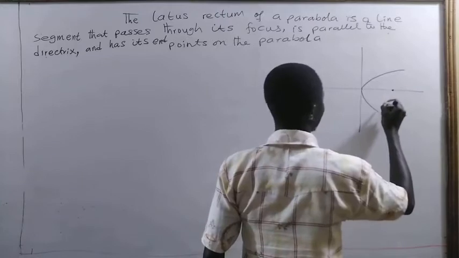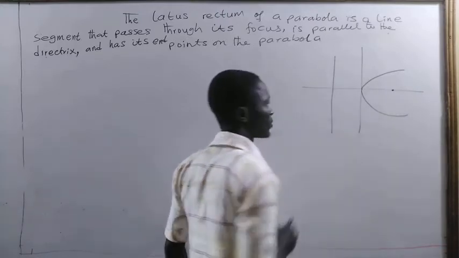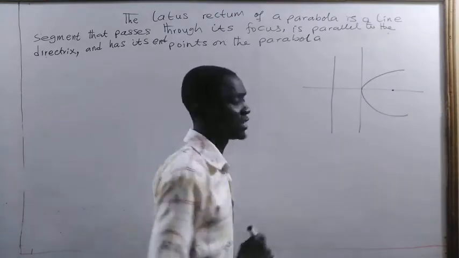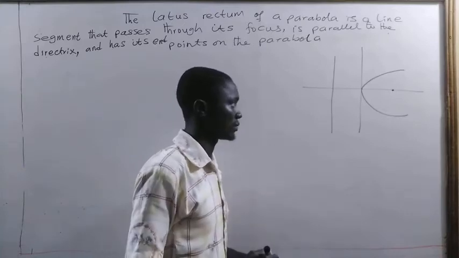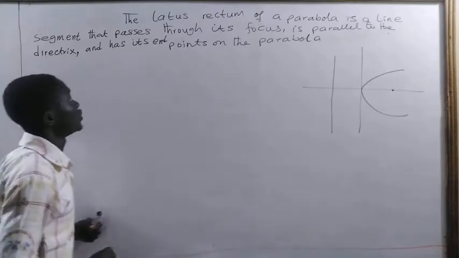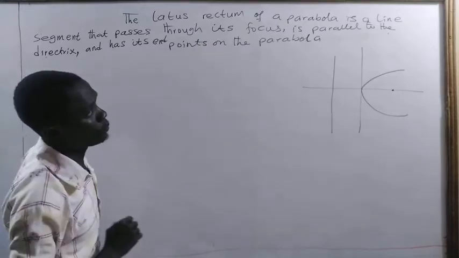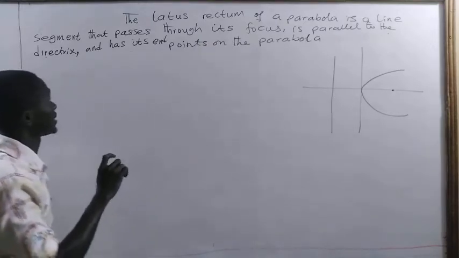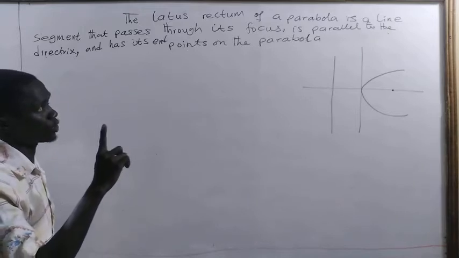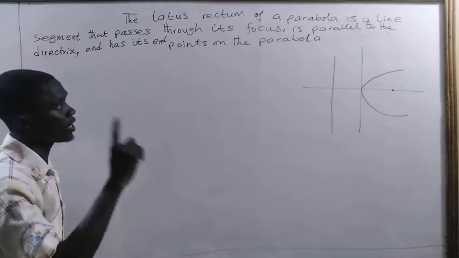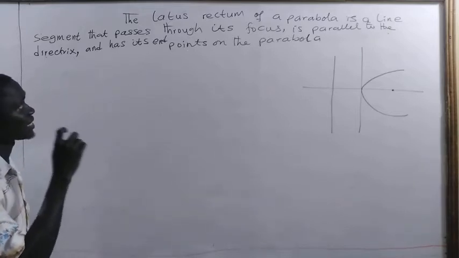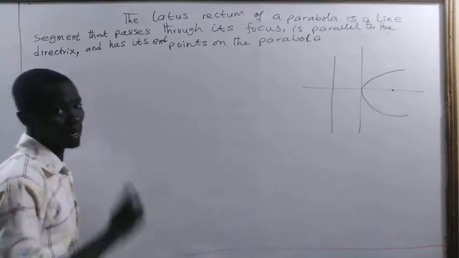This is the focus, this is the directrix. Now here, I want us to be very careful because we are going to look at something. Now, let's look at the Latus rectum. The Latus rectum of a parabola is a line segment that passes through its focus. It's parallel to the directrix and has its endpoints on the parabola.